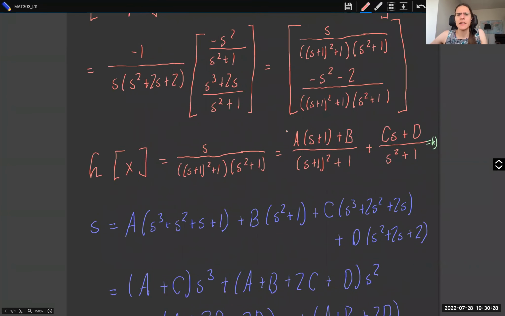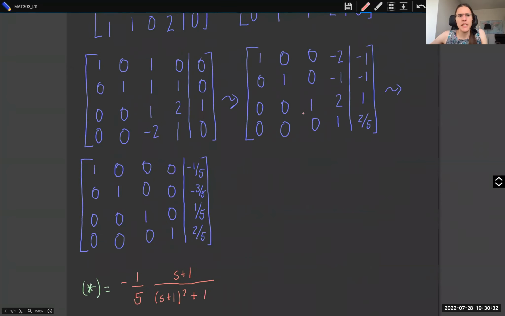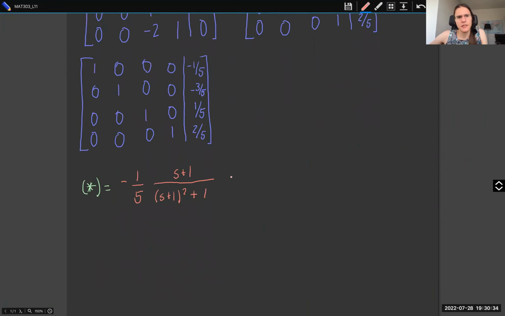Then, yeah, B is -3/5. That looks right.